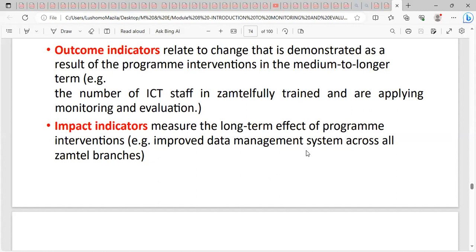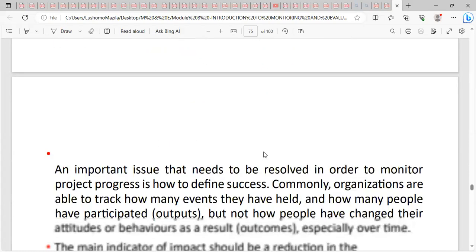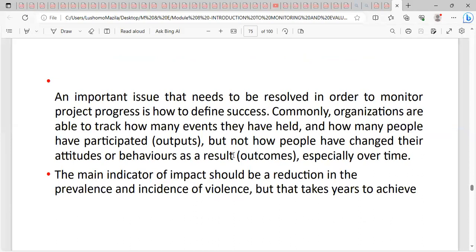It was very important for you to understand this, because for an M&E expert, knowing about indicators is very important. An important issue that needs to be resolved in order to monitor the project process is how to define success. Commonly, organizations are able to track how many events they have held and how many people have participated.